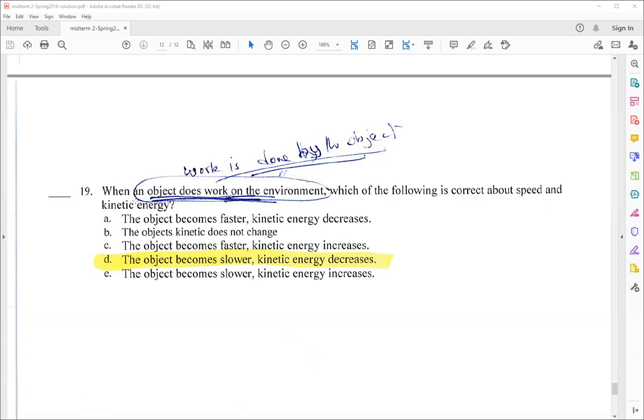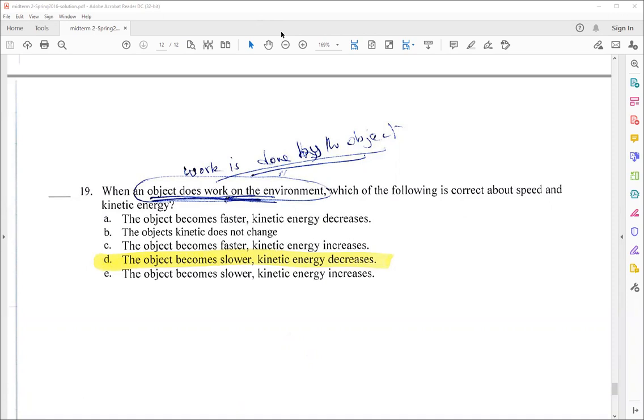What happens, of course, is if the object is doing the work, it's like an object moving on a surface with friction. Of course, the energy will be lost in the process.